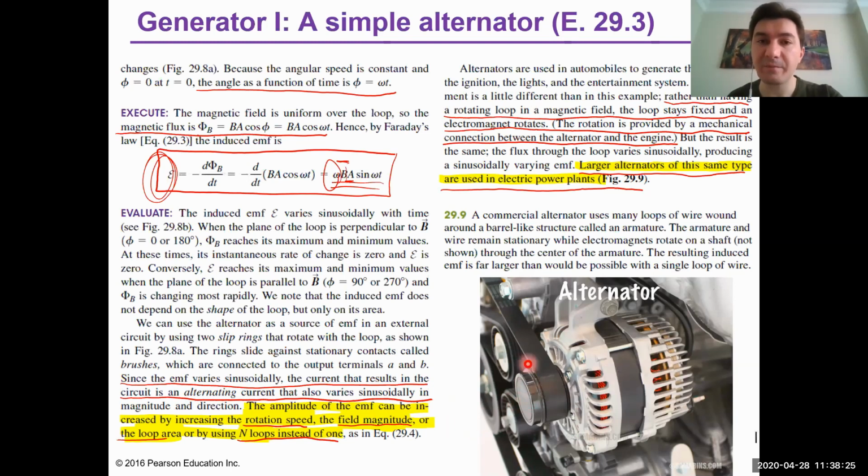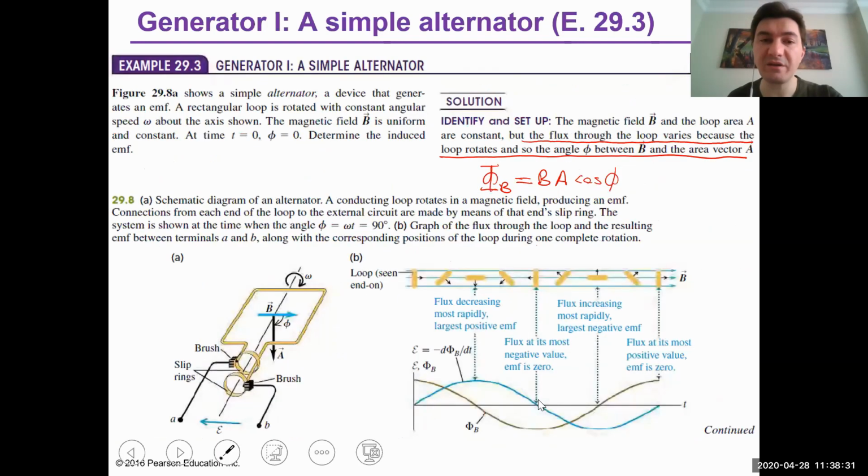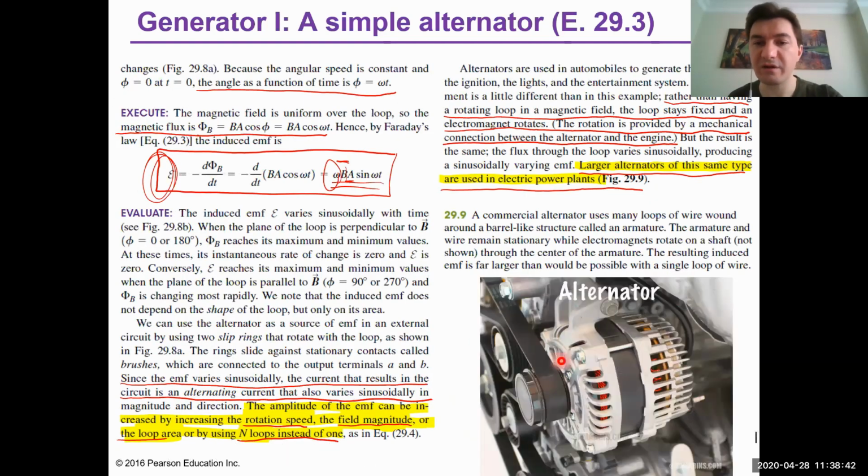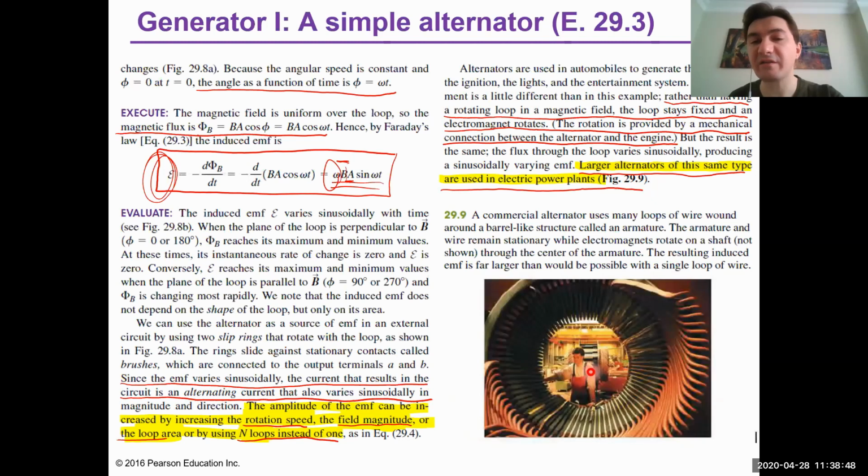So this electromagnet rotates, and then the direction of the B changes by time. So the magnitude of the B is constant, but the phi angle changes if you rotate the electromagnet in the center. So the mechanism is also the same in the larger alternators used in the electric power plants.